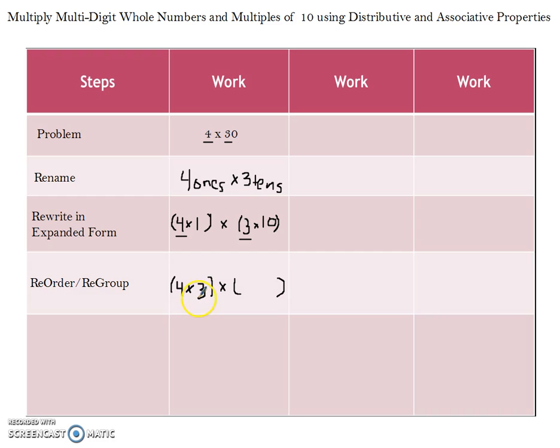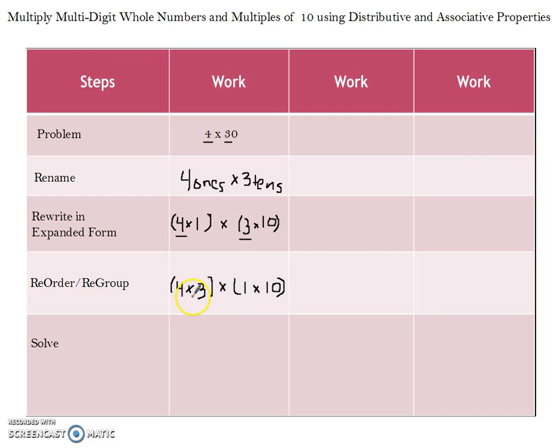So I've used both of those. Now for my next parentheses, I'm going to take the second number and reorder that. So basically you are putting together the discs in each place value column multiplied by the column that they're in. So you have 4 times 3 times 1 times 10.